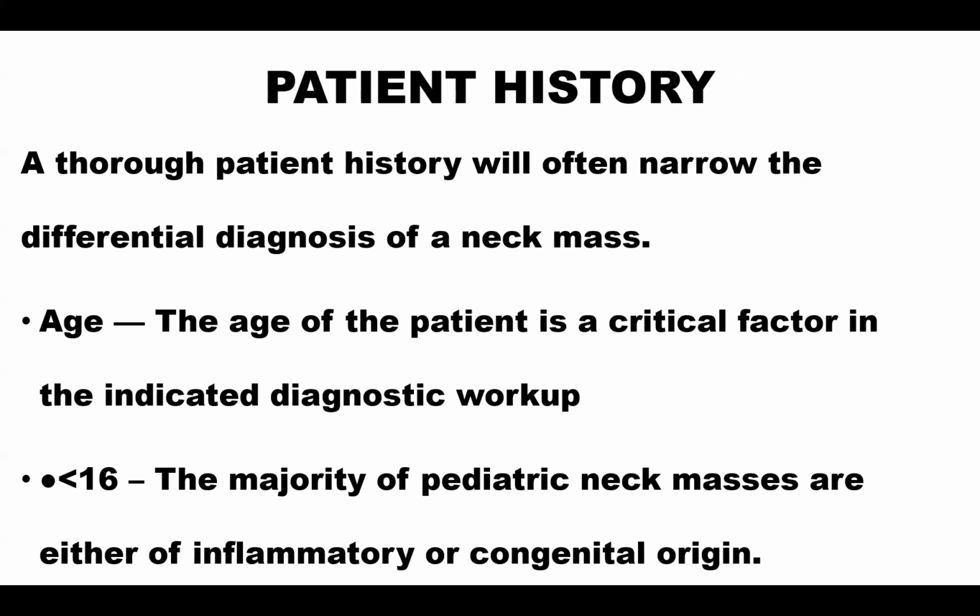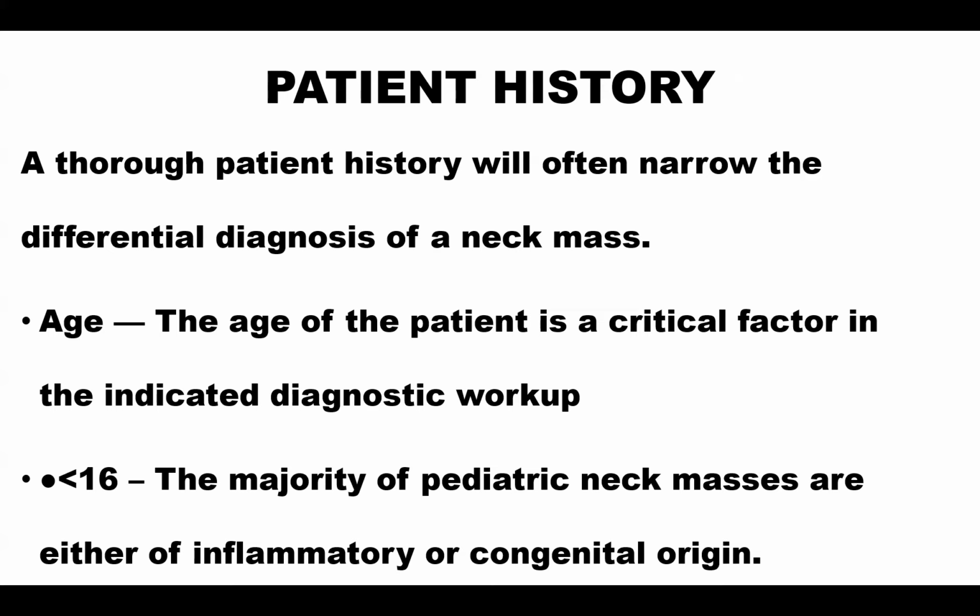A thorough patient history will often narrow the differential diagnosis of a neck mass. Age, like as I said, the age of the patient is critical in indicating the type of workup you will do. If it's a child, for instance, a 2-year-old child with a neck swelling, you will be thinking more of congenital lesions. It could be a hemangioma, depends on what you see on the physical examination.